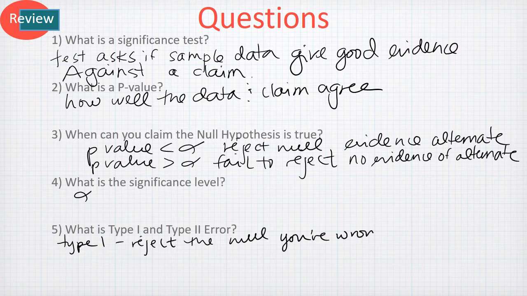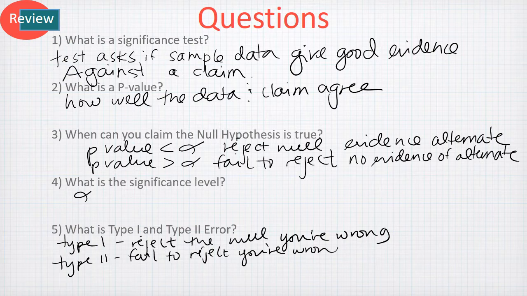Okay, and then type 2 is where you fail to reject and you're wrong. So those are your type 1 and type 2 errors.